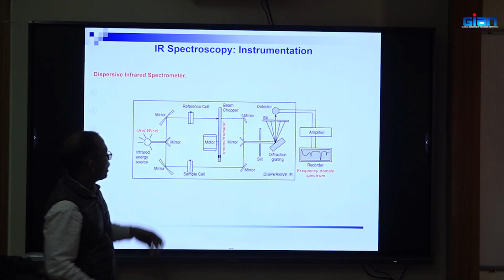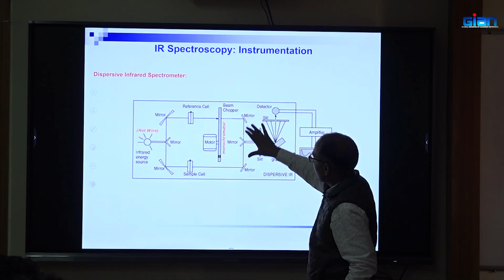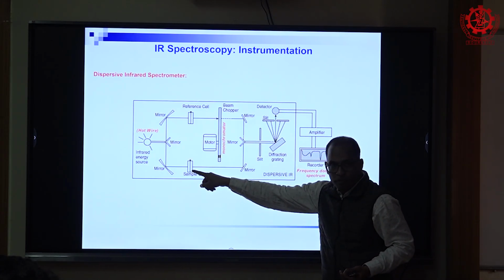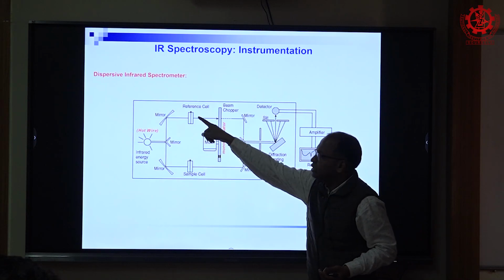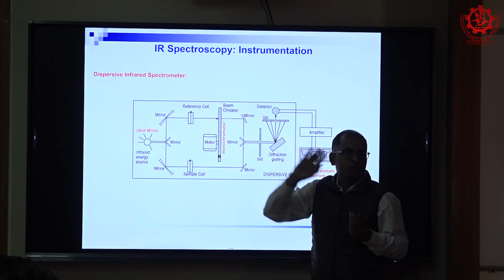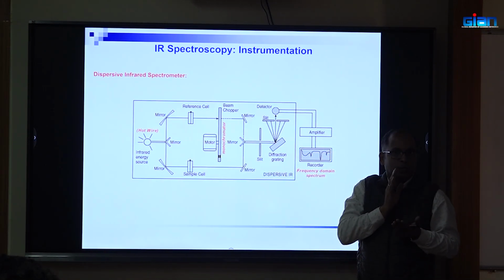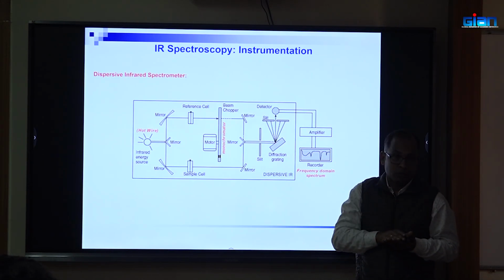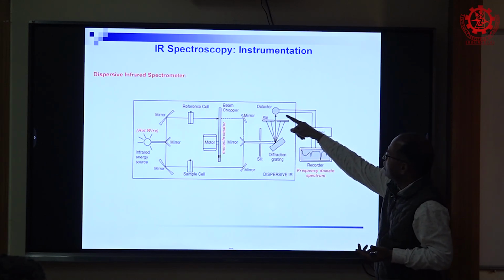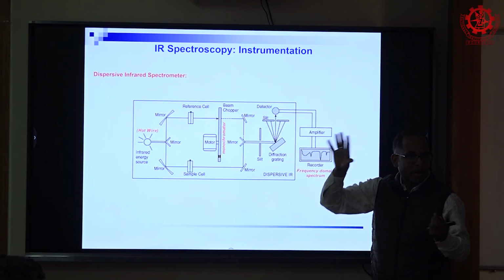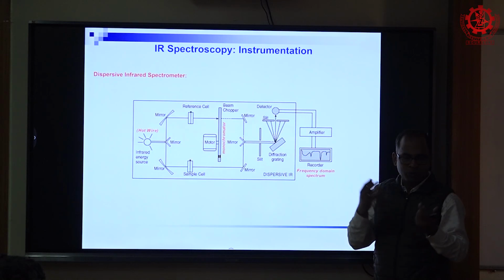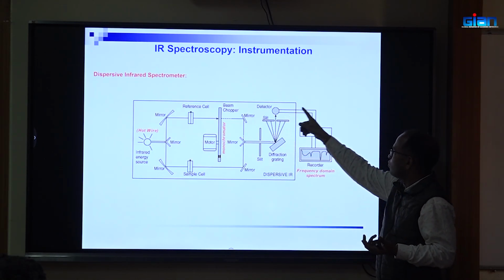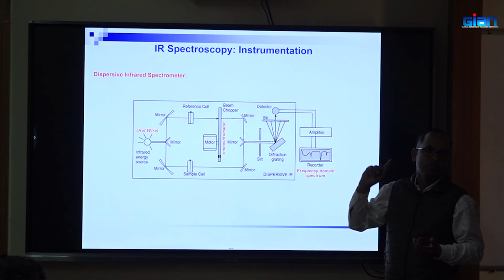Finally the sample information is subtracted with the reference information, so you get only the information or radiation absorbed because of your molecule. That will come to the detector, which detects which energy is transmitted. Then it will analyze and give you the spectrum.